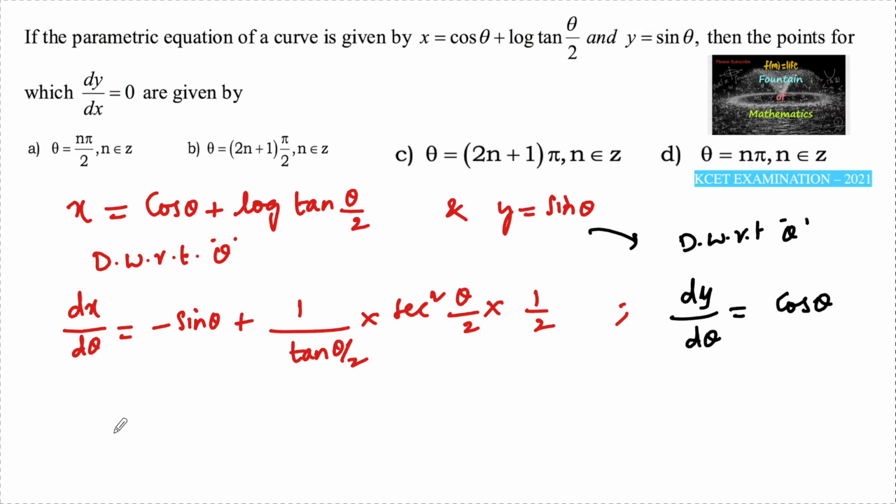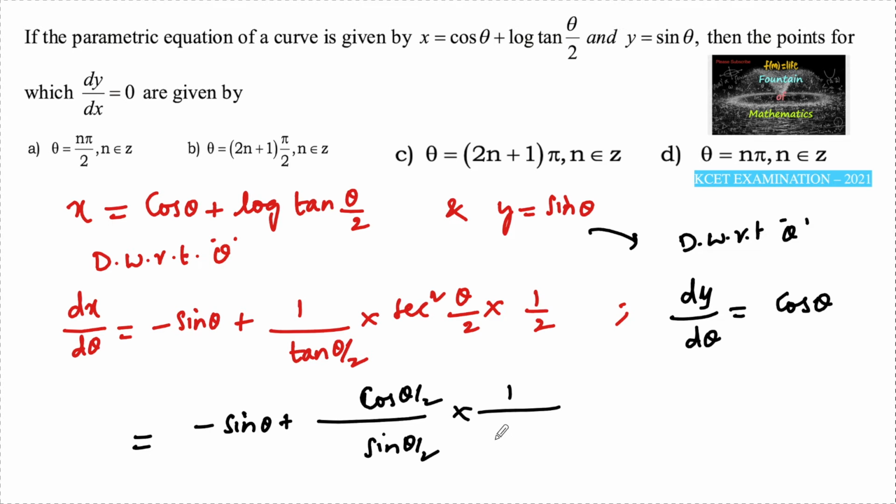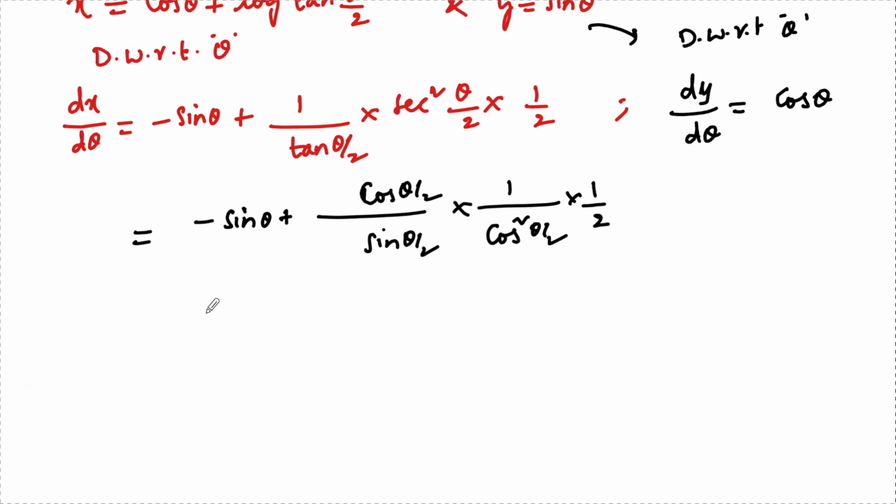So let us simplify dx by d theta, which is equal to minus sin theta plus 1 upon, here we can write cos theta by 2 by sin theta by 2 into secant square, which is nothing but 1 upon cos square theta by 2, into 1 upon 2. So that is minus sin theta plus, here cos theta by 2 gets cancelled, so 1 upon 2 sin theta by 2 cos theta by 2, since we know that 2 sin theta cos theta is equal to sin 2 theta.